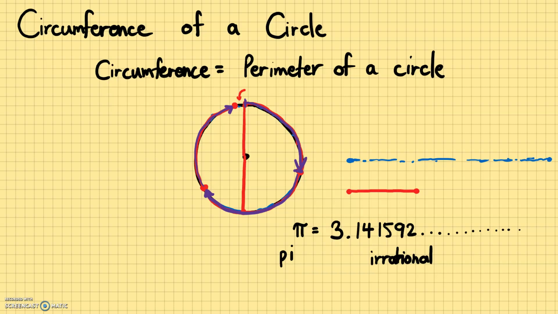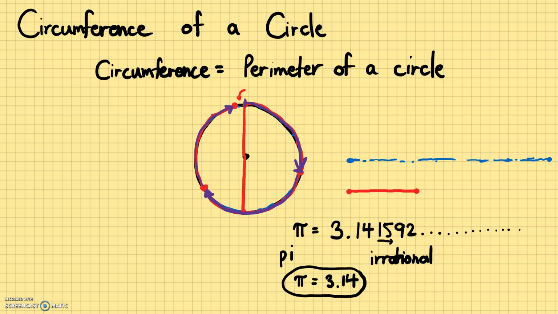Okay, and you might have heard of pi before. Pi is most commonly represented as 3.14. Even though it's not exactly 3.14, as you can see here, there are other numbers after 3.14. But for simplicity's sake, we'll just use 3.14 as pi in this section.